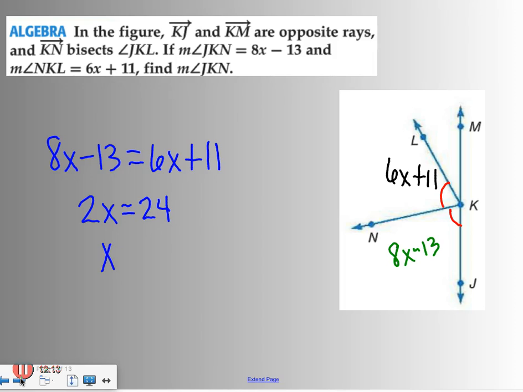What did you guys get for x? 12. Beautiful. And just always make sure you answer the question. We didn't want to know x. We want to find the measure of angle JKN. So what do we do with 12?